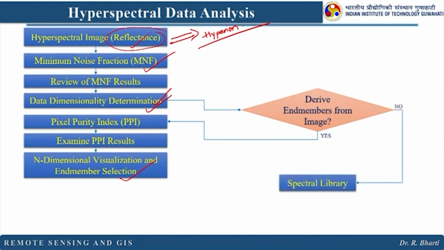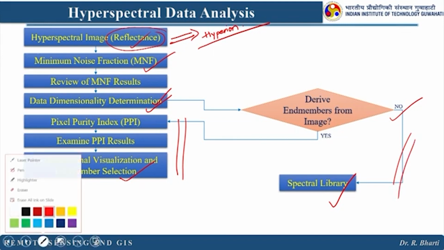In case you do not want to identify the end members from image, then what we do? We use the spectral library. In both the cases it is possible, right? So either you bypass this or bypass this, right?